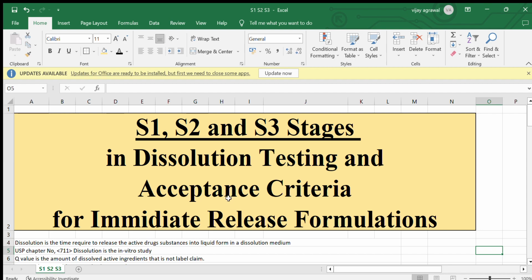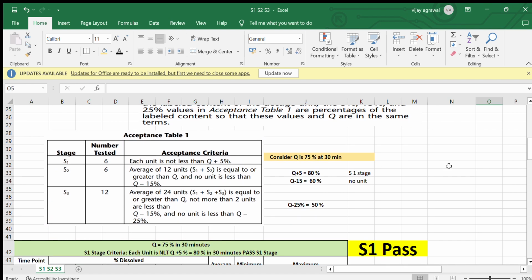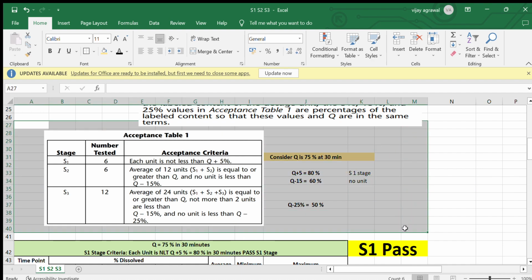So these are the requirements of the dissolution testing and acceptance criteria for immediate release formulation as per USP. S1, S2 and S3 stages are there. I hope you might have understood the concept behind these S1, S2 and S3 stages, and always remember that whenever you are having a dissolution specification in your hand, then before checking the dissolution results, you should decode and have a perfect understanding of these values.